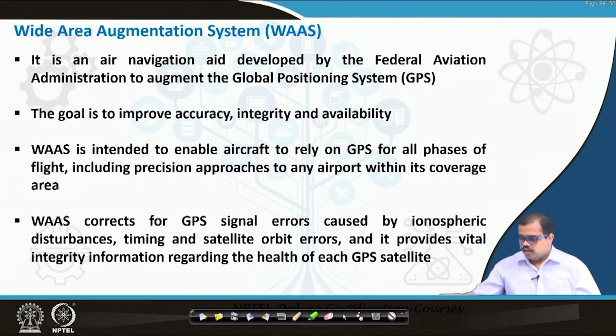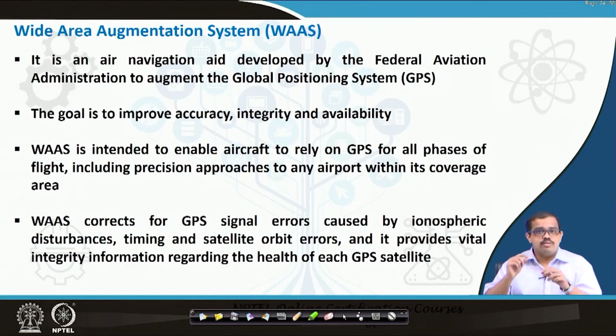Then we would look at another system which is called the wide area augmentation system. Why this is extremely important is that it was developed and introduced by the Federal Aviation Administration to augment, as a part of, the global positioning system.